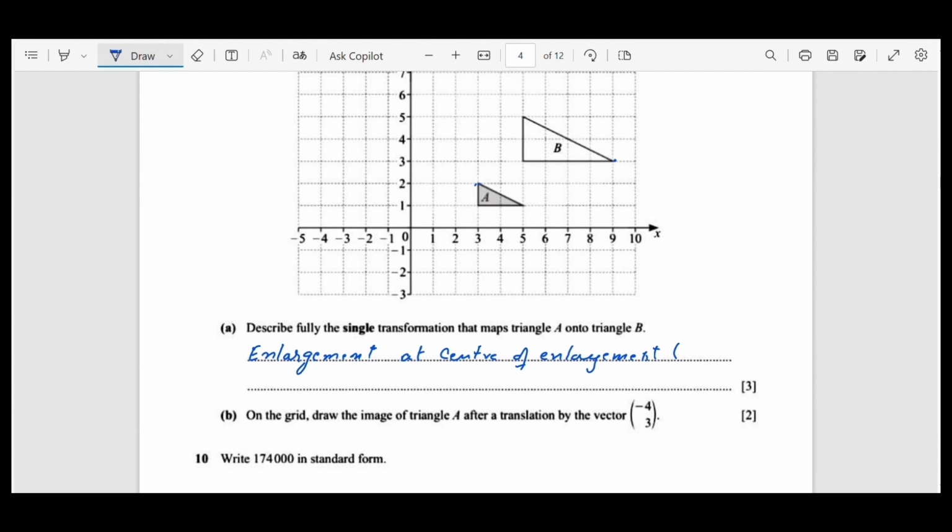So let's first mark the points. This is A, this will be B, this will be C. This will be again A dash, this is B dash, this will be C dash.